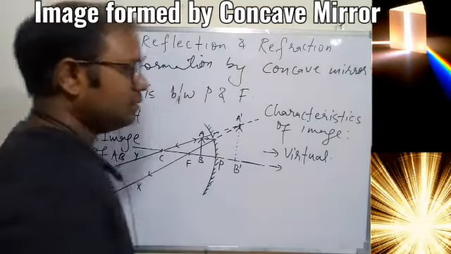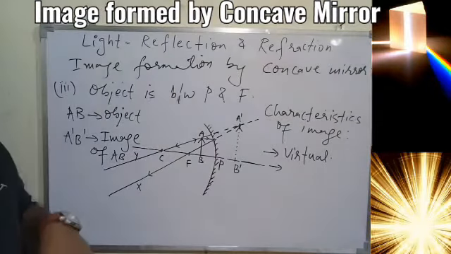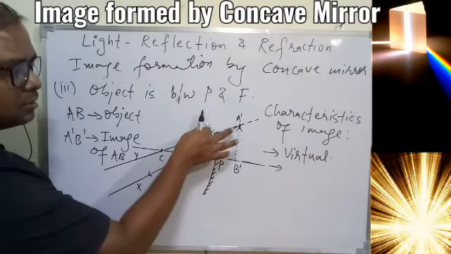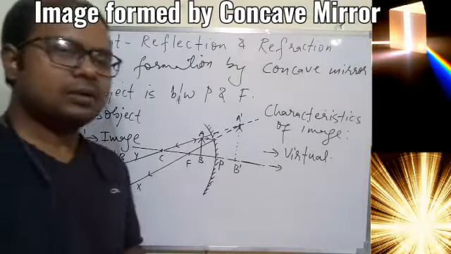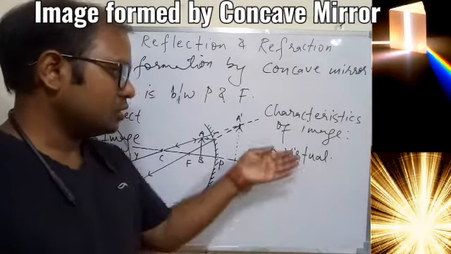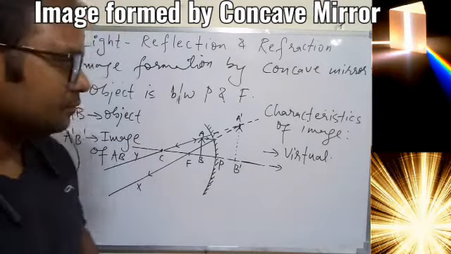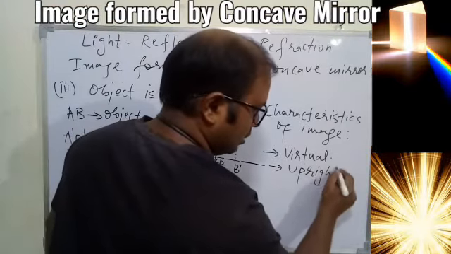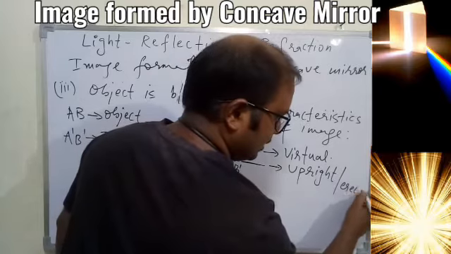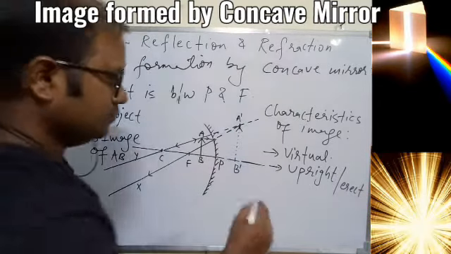Second, if the image is virtual, it is coming upright also. Upright means erect. The object is this way, the image is also this way. Now it's not getting inverted. That is another thing you have to remember all the time: when the image is virtual, it will be upright also. That is straight. So the image is upright, or we also write erect. Both are the same.